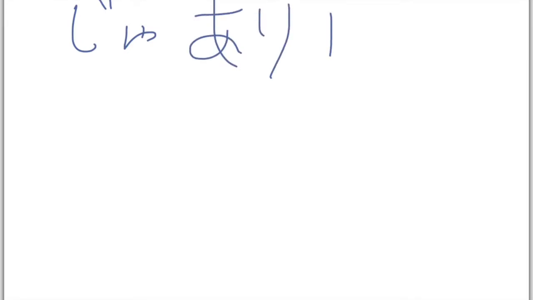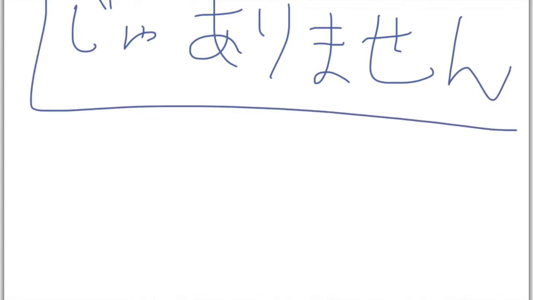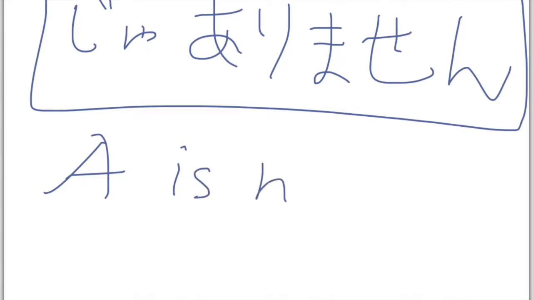The second part is ja arimasen. This means A is not B. I'm directly picking up the sentence from the book.